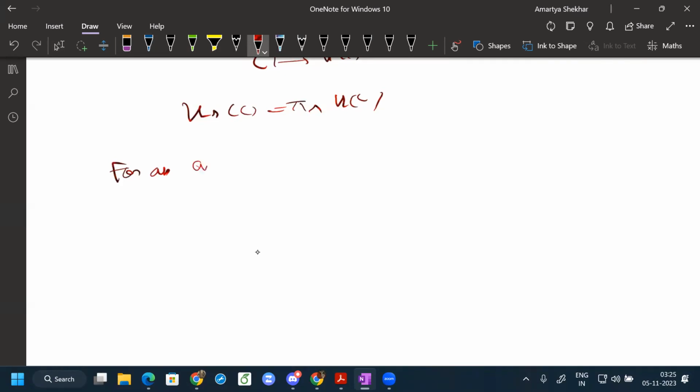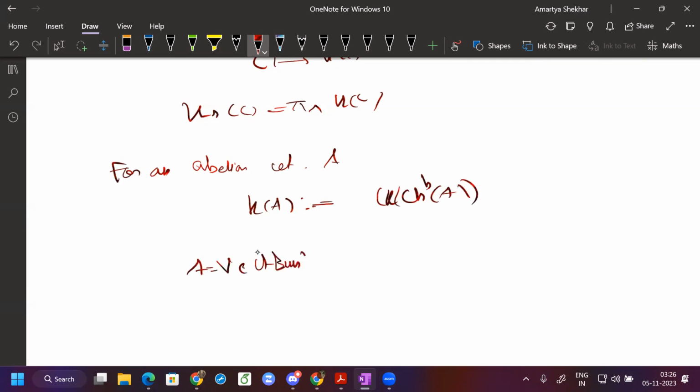For an abelian category A, you define K(A) to be K of the bounded chain complexes of A. This is the way I define it. So now we get degree zero topological K-theory by defining A to be the category of vector bundles. That'll give us degree zero topological K-theory. Right. So this was about the Waldhausen K-theory construction.